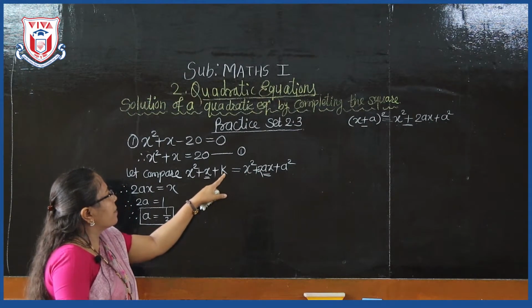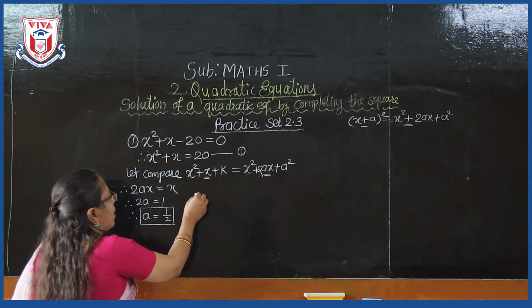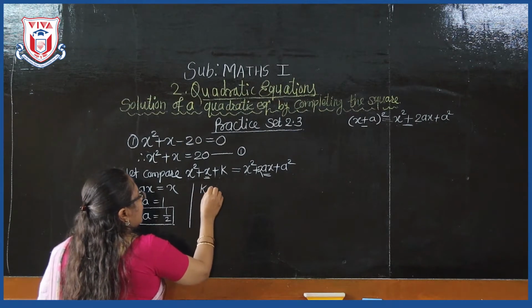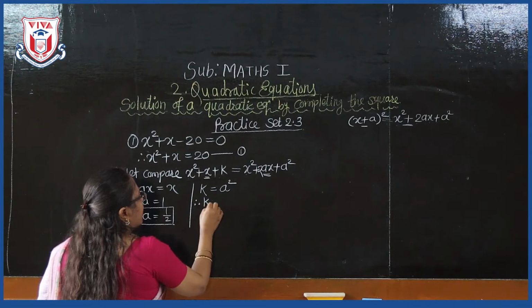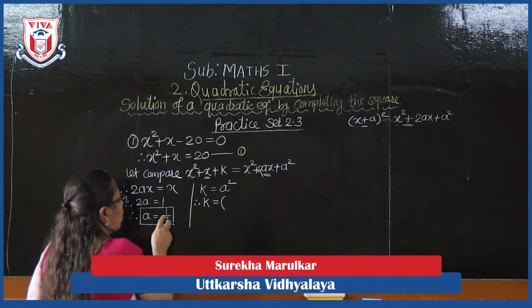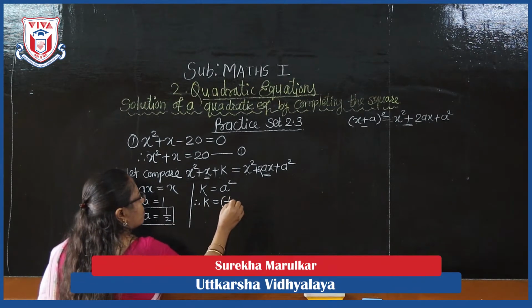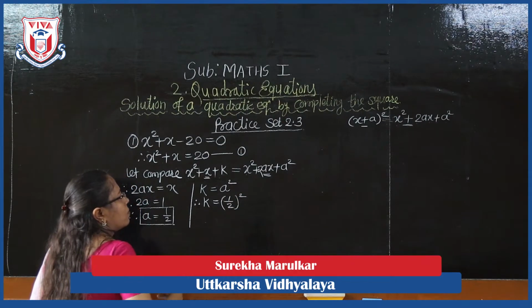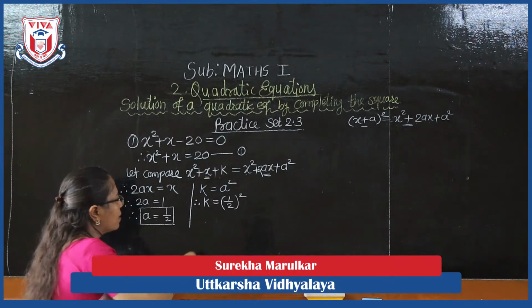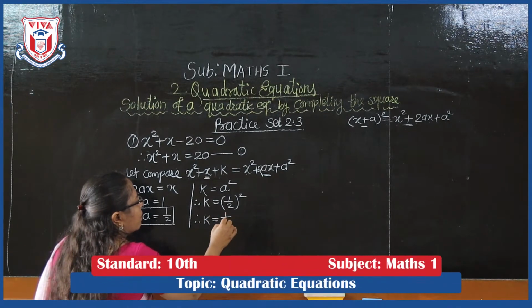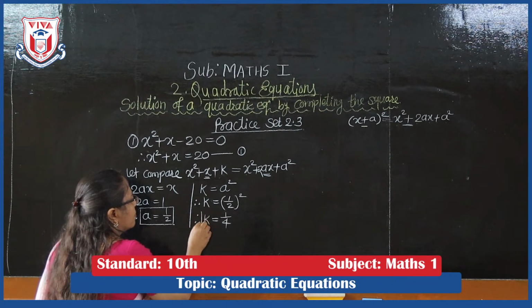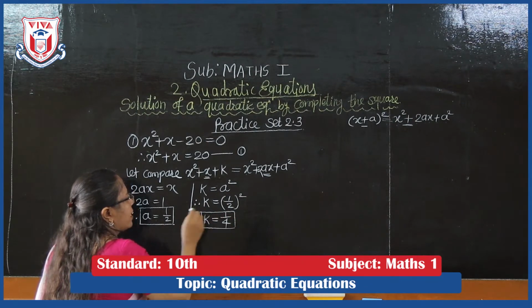Now our third term k is equal to a square. K is equal to a square. So therefore k is equal to 1 upon 2 bracket square. So therefore k is equal to 1 upon 4. 1 upon 2 square is 1 upon 4.